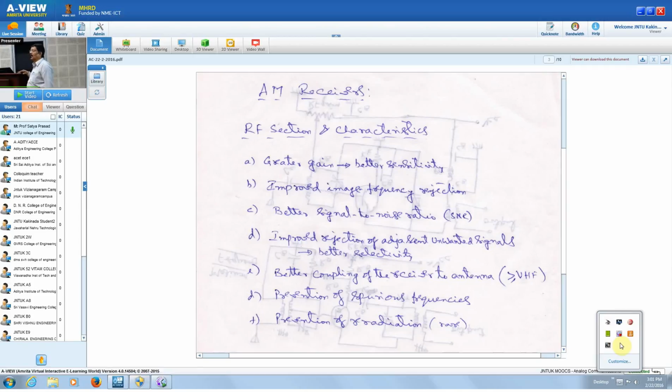To be issued by this, they were having an RF amplifier, and providing what you call image frequency rejection. Image rejection, the gain that happens.